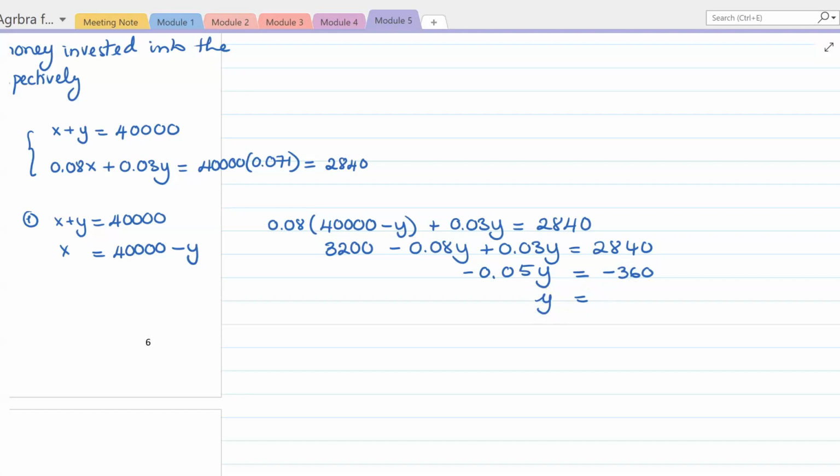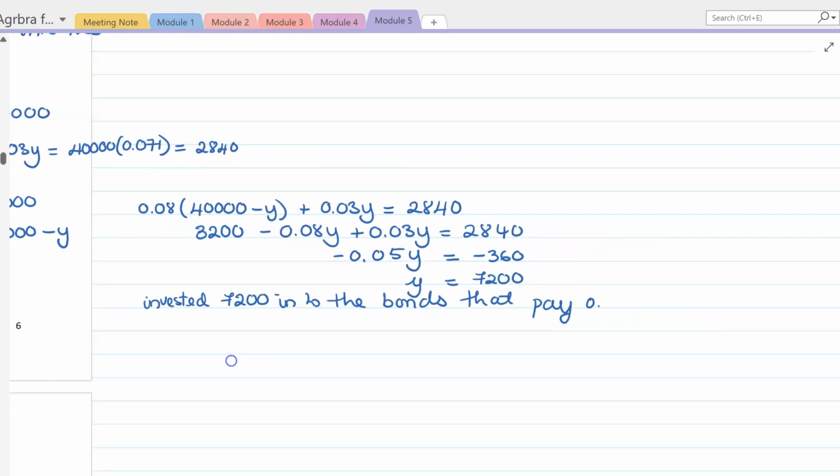Divide. So this means that she invests 7,200 into the bond that paid 3% interest per year, and the rest is into the 8% interest.